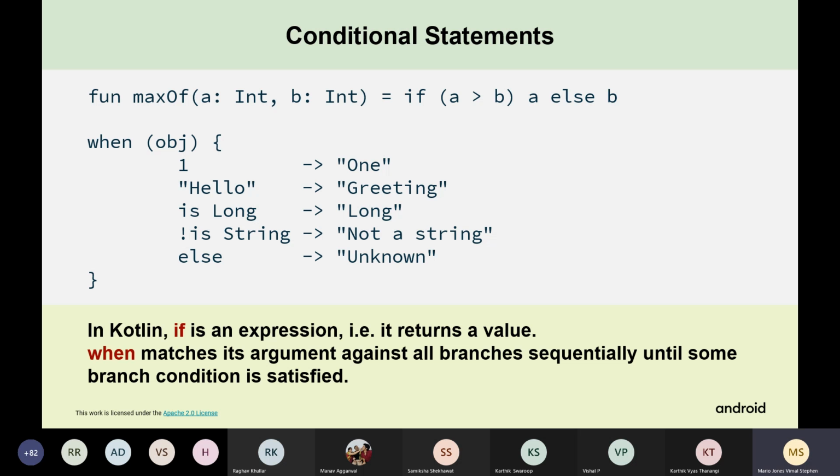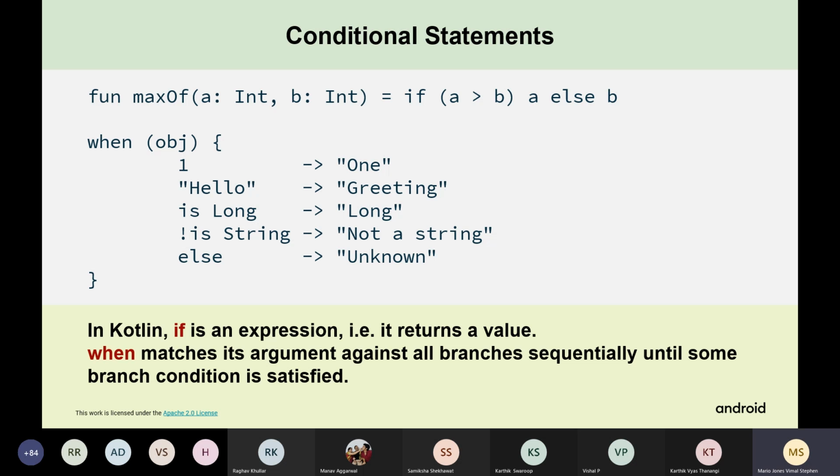If none of the conditions is satisfied, it goes to the else block. You can see here there is something called is long and is not string. Is is a keyword of Kotlin, which is used exactly for this type of case. It's used to check if the argument being given belongs to this data type.